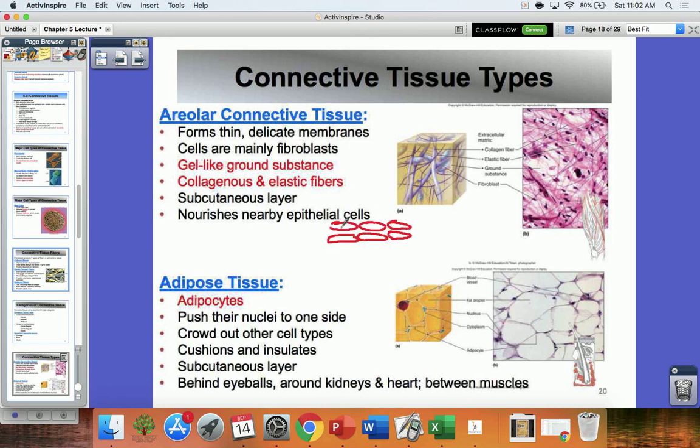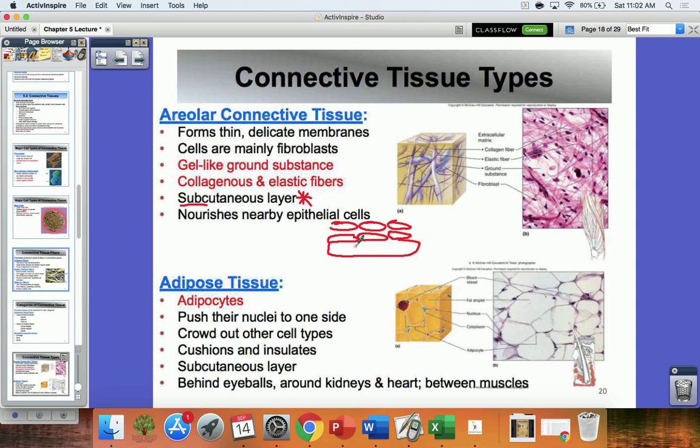But on the underside of that, we have this basement membrane for the skin. And when I say skin, at this point, I'm talking about the skin on the surface of the body. This is where we find our subcutaneous layer. Sub means below, cutaneous means skin. So below the skin is where we'll find areolar tissue.